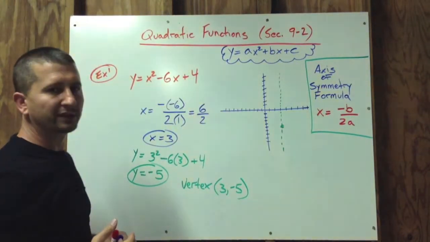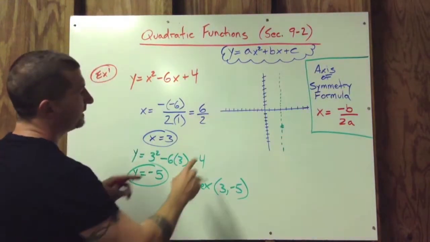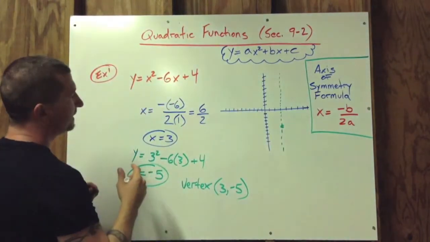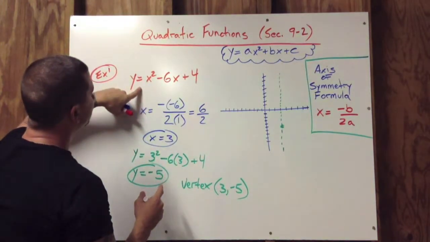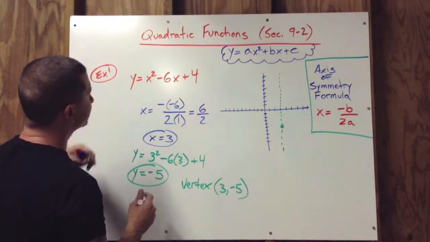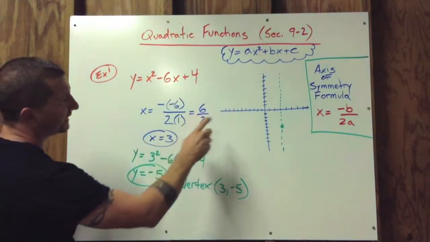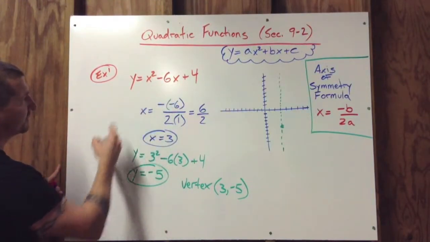Now, the next thing we can do to graph this is to find where it crosses an axis. So we're going to plug in a 0 for x. Remember, this is called the x-intercept. So we're going to have a 0 for x.